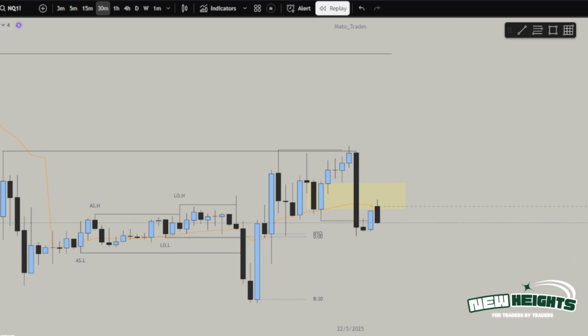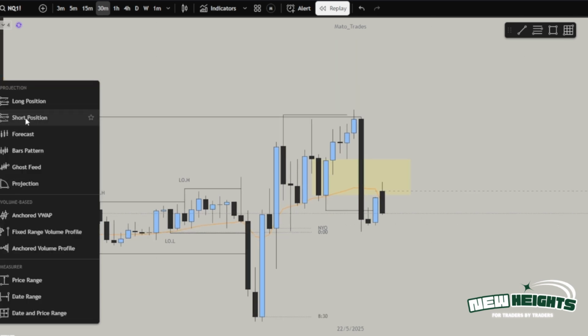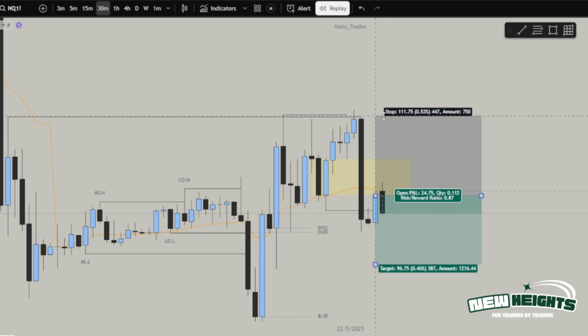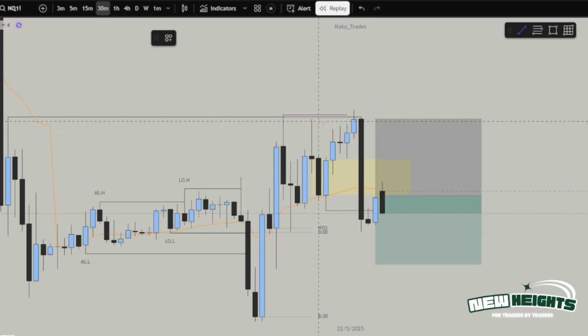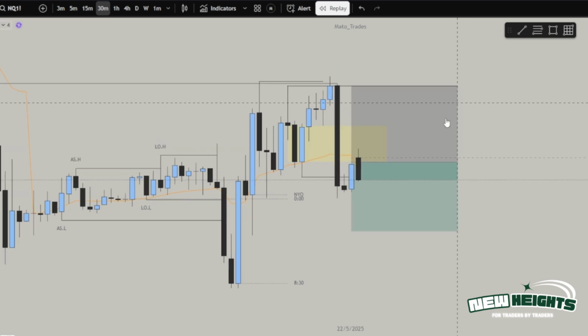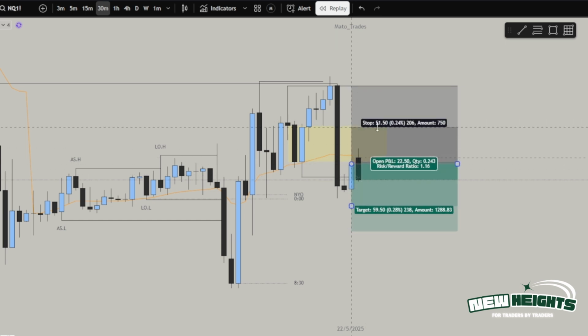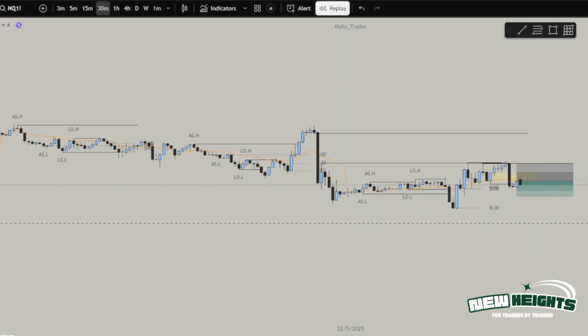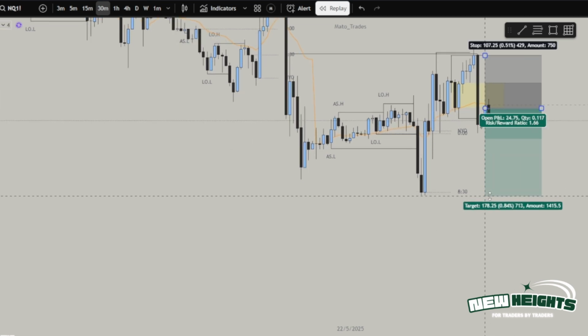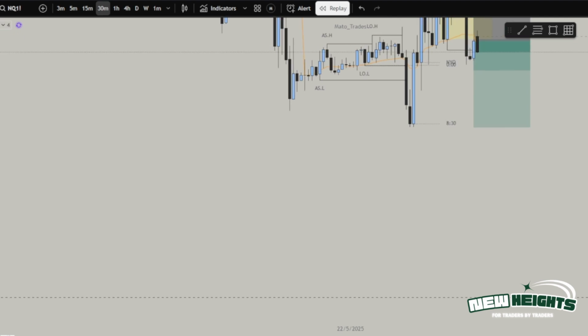And then again, you would just look for shorts within this yellow range here. I can set my entries at the top, and then I'd look for the breaker high to be supported. In this case, it'd be all the way up here. Or you can even have a sniper entry, just holding the breaker range itself. And then in this case, I would look for these equal lows.